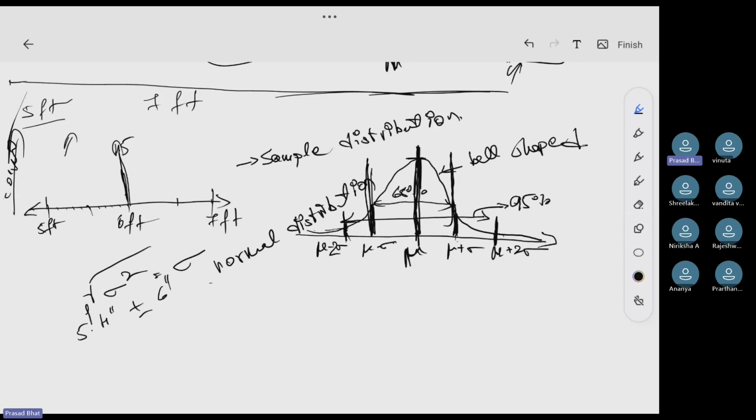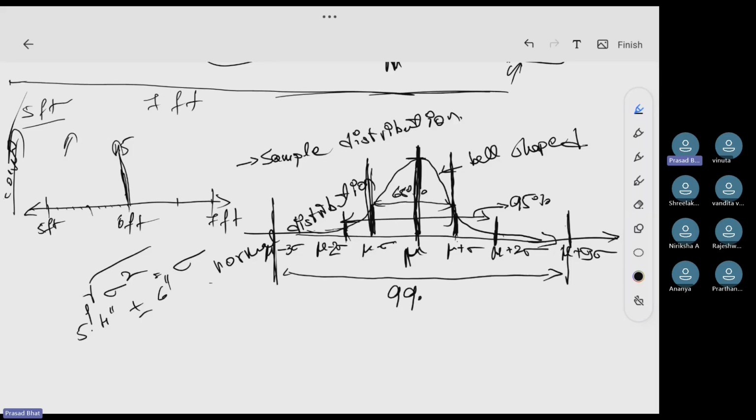If you continue to mu minus 3 sigma and mu plus 3 sigma, this will contain about 99.7% of the data. So beyond this, it is pointless to go. If we can collect this many samples, it is good enough.